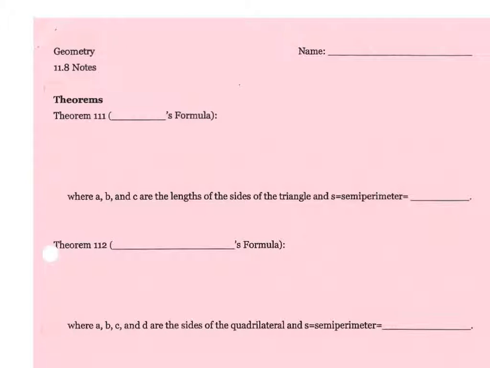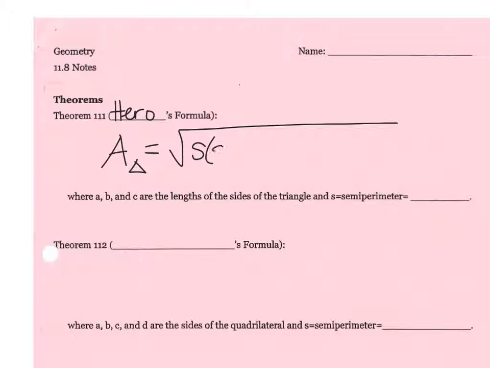11.8 is going to address Hero's and Brahmagupta's formulas. So for Hero's formula, the formula of the area of a triangle is equal to the square root of s times s minus a times s minus b times s minus c, where a, b, and c are the lengths of the sides of the triangle, and s is the semi-perimeter, equal to a plus b plus c all over 2.